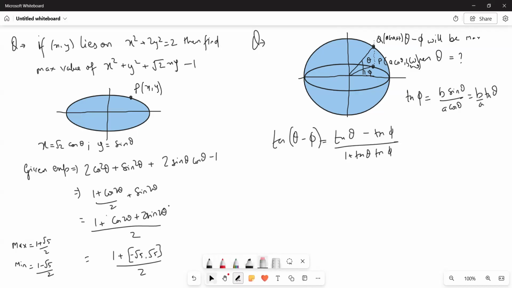So tan inverse of root over A by B. हाँ, theta का value आ जाएगा for maximum, for this to be maximum, it would be maximum when theta का value is tan inverse root over of b by a.